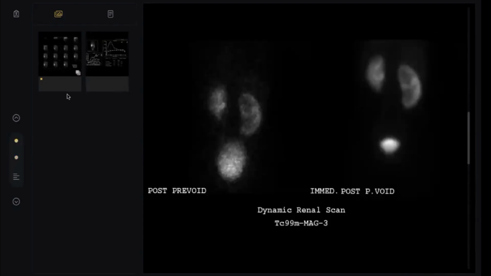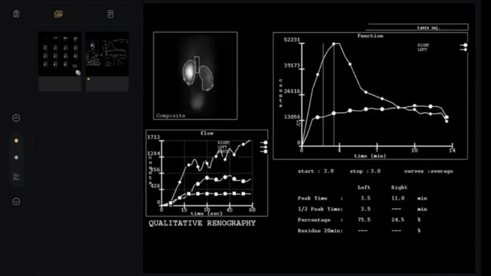Thank you, doctor. Look, my friends, here are the obstruction curves. This is the obstruction, mechanical obstruction. If you want to give something, not captopril, it will be Lasix. So see here, my colleagues, Lasix injection.